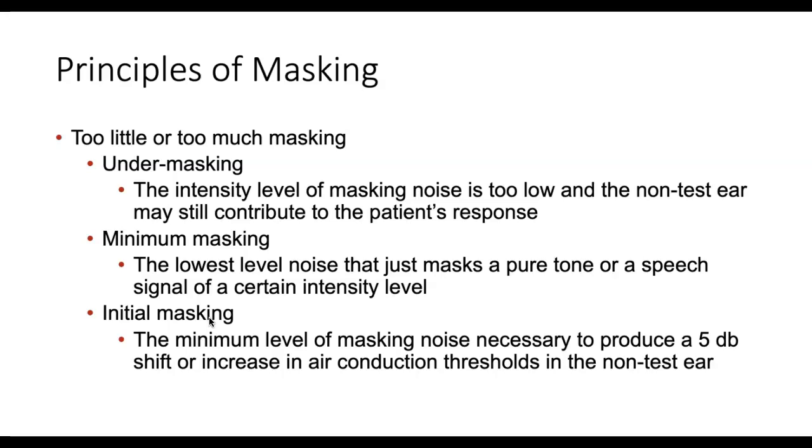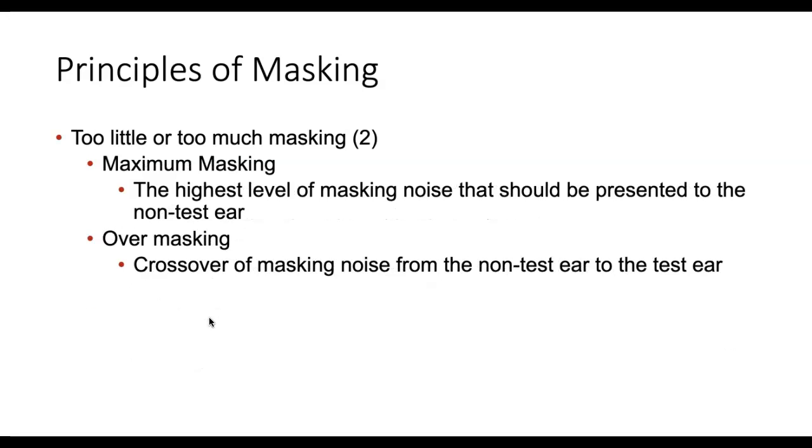You can have undermasking, where the masking noise is too low and the non-test ear may still contribute to the patient's response. Minimum masking level is the lowest level of noise that just masks a pure tone or speech signal. Your initial masking level is the minimum level of masking noise necessary to produce a 5 dB shift or increase in air conduction thresholds in the non-test ear.